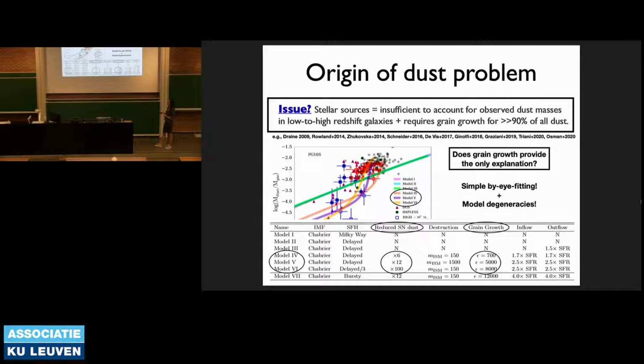All these models give a decently good fit, but as you can see, the numbers are completely different. In both cases, there is less supernova dust production, but it goes from a little bit less to very extreme numbers, and the same goes for grain growth. There's a factor of at least 10 difference there. So there are clearly model degeneracies that play a role as well.